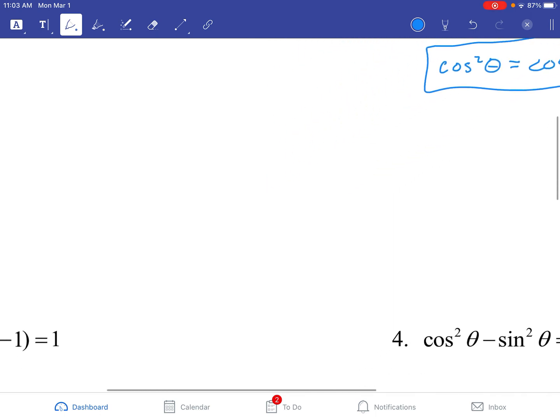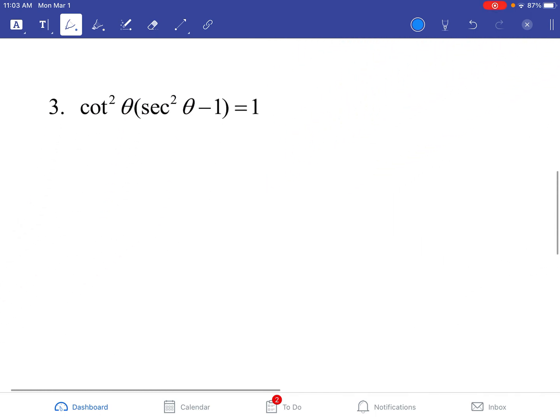All right, let's look at number 3. So we have cotangent squared and secant squared minus 1. So I'm going to look at the secant squared minus 1 and look at the Pythagorean identities. And secant squared minus 1 is going to be tangent squared. Okay, I still have the cotangent squared, and the reason I didn't change it yet is because I wanted to see what it was going to be inside the parentheses. Okay.